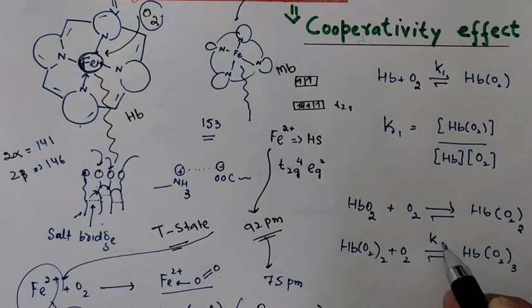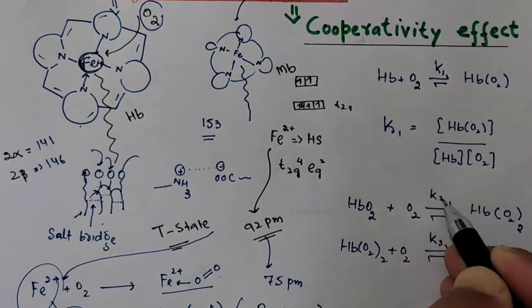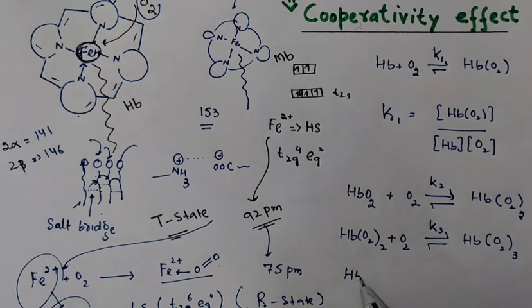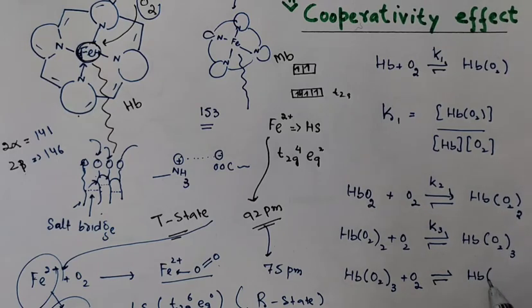So the constant is K3, here it was K2. Then this HbO2 thrice, one more oxygen molecule binds with the other subunit. So it forms HbO2 whole 4.